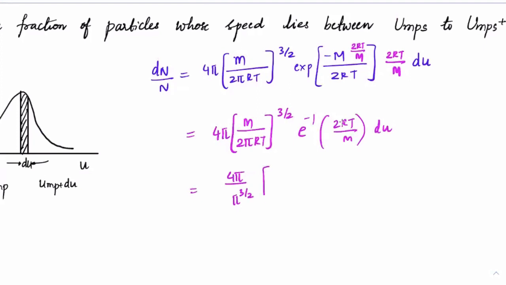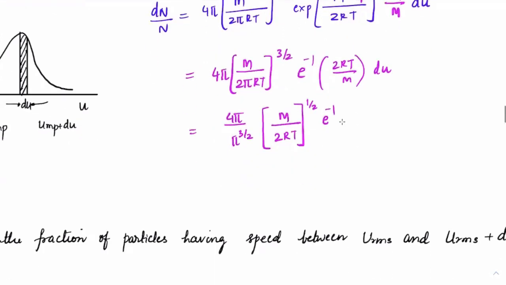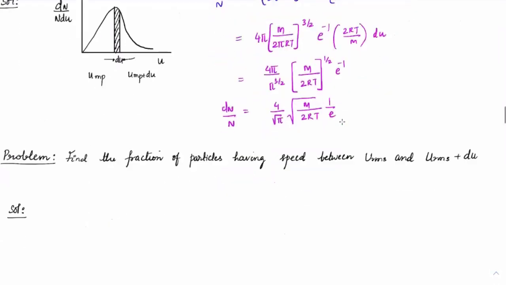If I bring that, the rest will be m by 2RT whole raised to power of half into e raised to power of minus 1. So this gives 4 by root pi, because this pi, if I take it down, I will get root pi, into root of m by 2RT into 1 by e. So this is what you will get, right?